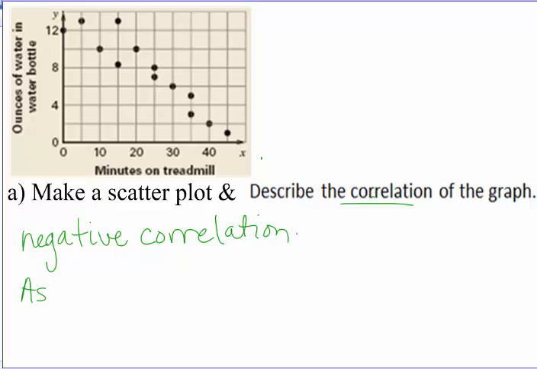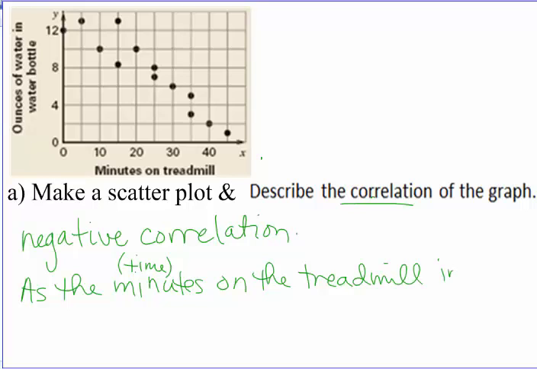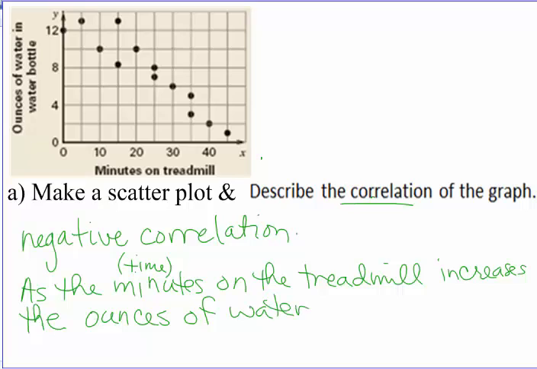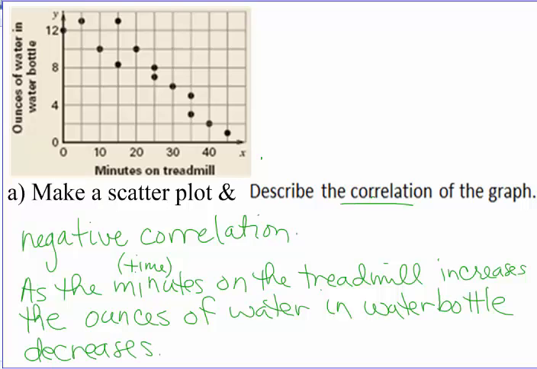So as the minutes, or you could say time, actually kind of sounds better, on the treadmill increases, the ounces of water in the water bottle decreases, because it goes downhill.